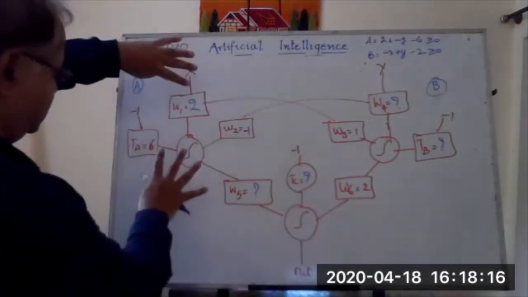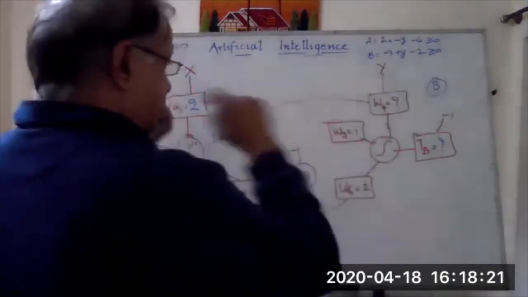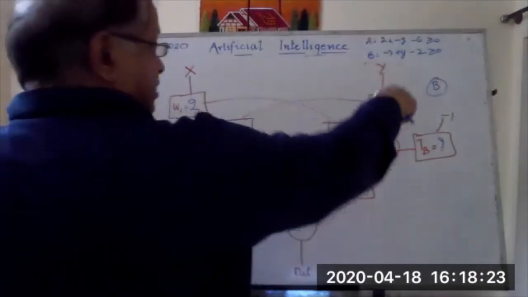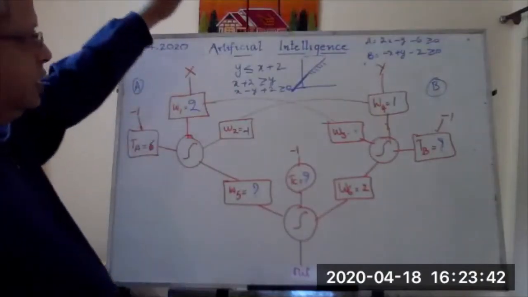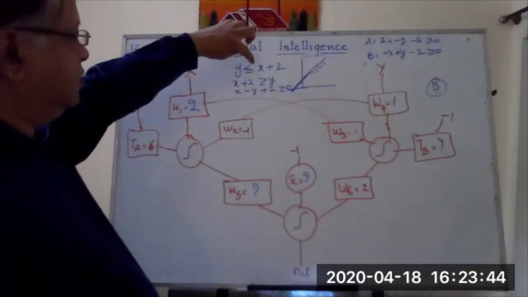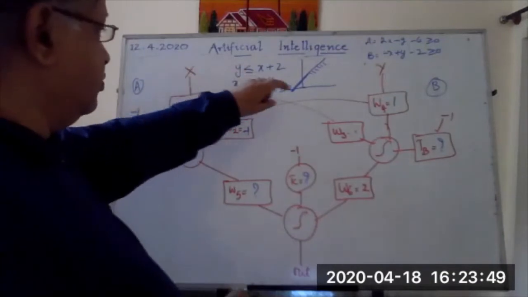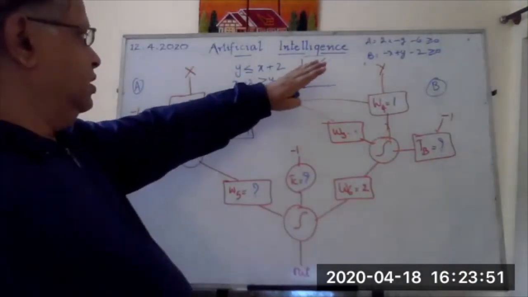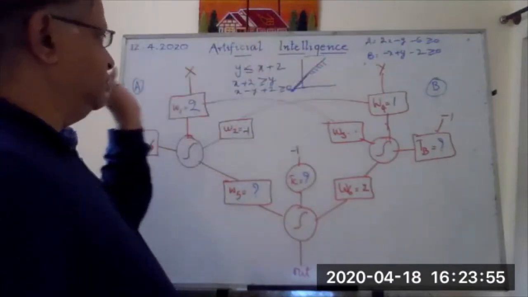Now if this equation is set, we'll worry about this later, but let's come over here, which needs to be identified. Now let me explain here so that you understand. So y is equal to mx plus c, right? Now we were supposed to understand y is greater than x plus 2 or y is less than x plus 2.